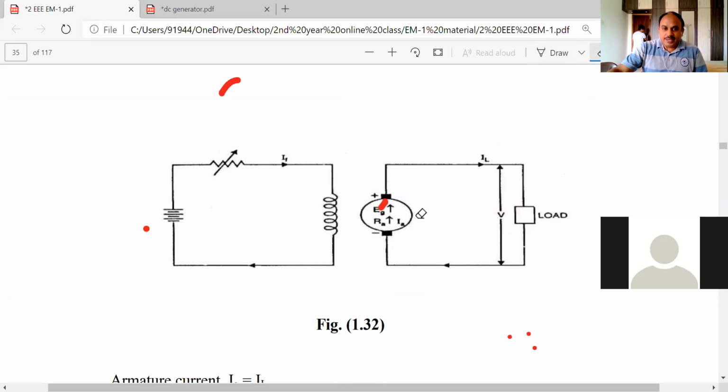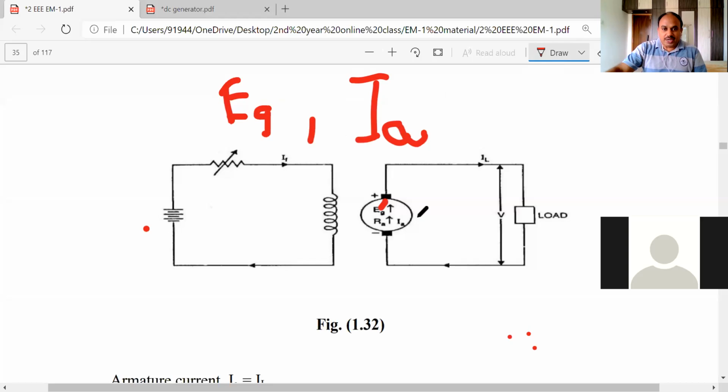In this case, the current generated by the armature is called IA, the armature current. The generated EMF is Eg.